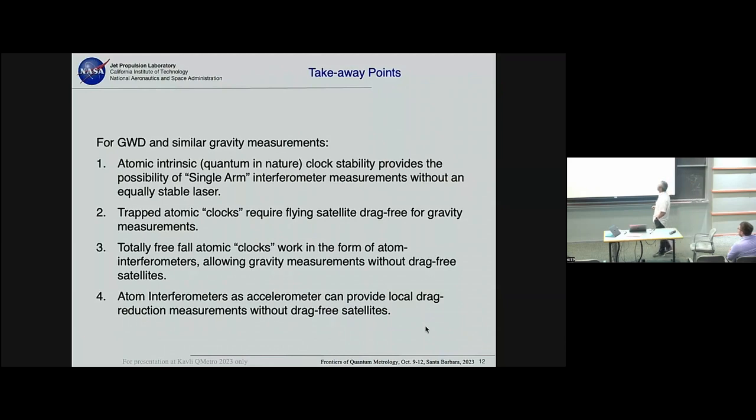But I think there's a lot that needs to be worked out for that to work as well as the clocks today.